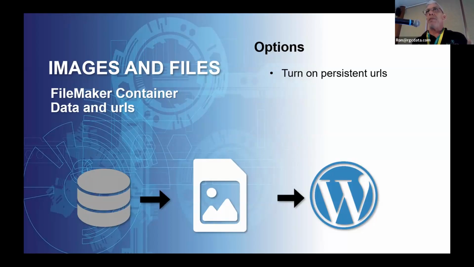So if you have other databases on that server and you're concerned about your files and the containers and the security, that's something to consider. And it's not available in the server admin console, so you actually have to use a command line to run that command to turn that option on or change that option.